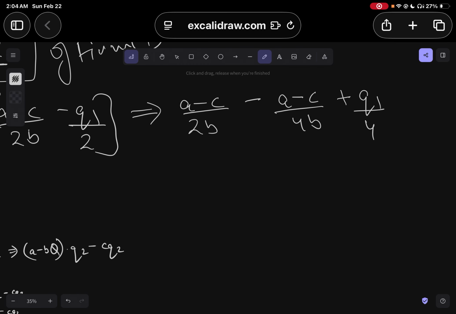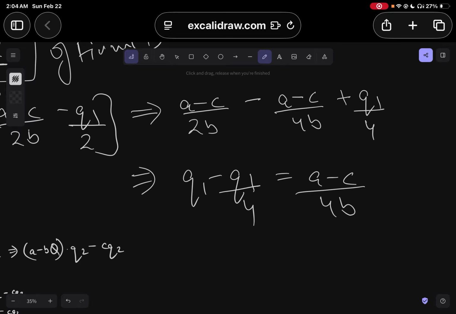Now we will get Q1 minus Q1 upon 4, which will be equal to A minus C upon 4B. Seems correct. Let me just check, Q1 minus Q1 by 4. Why did I write this?